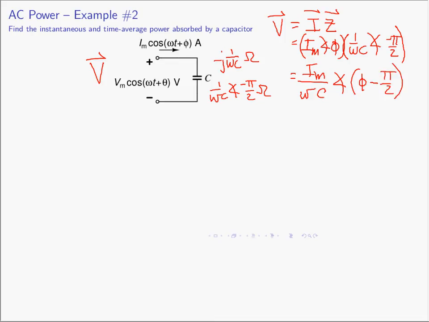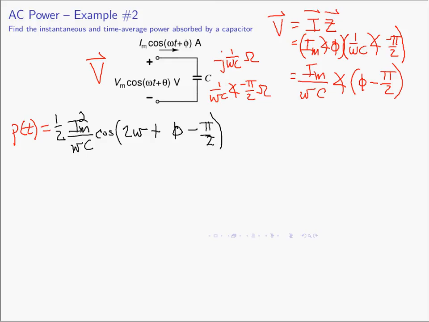And so we're left with Im over omega c angle, and that's going to be phi minus pi over 2. And with these values, we can now find the instantaneous power. The instantaneous power in this case is 1/2 Vm. Well, Vm is Im over omega c times Im, so put a squared, cosine of 2 omega plus theta. Well, theta is phi minus pi over 2 plus phi, so that goes there, plus 1/2 Vm, which is Im squared over omega c times Im, cosine theta.